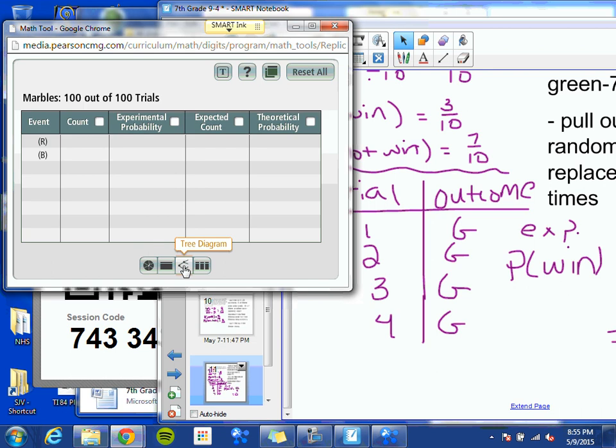And the probability here, we got 33 reds and 67 blues. Our experimental probability is approximately 0.3, which is close to 3/10. And our probability of our green is 0.67, which is close to 7/10. So the more trials we do, the closer our experimental probability will come to our theoretical probability.